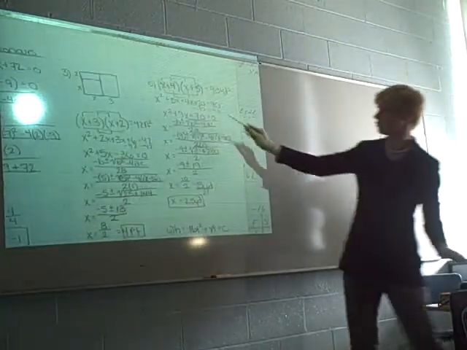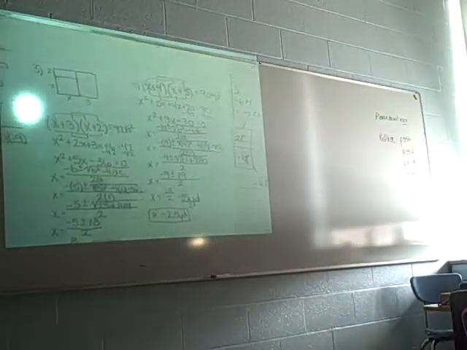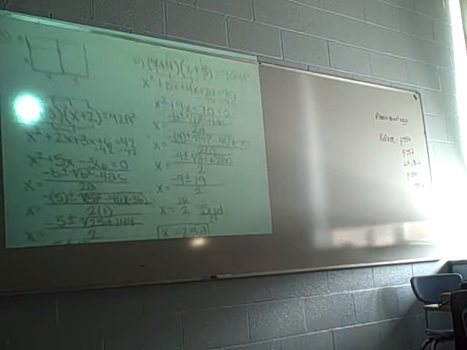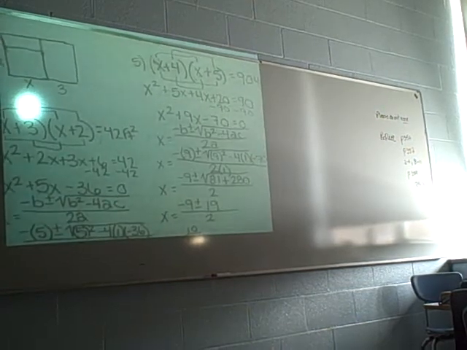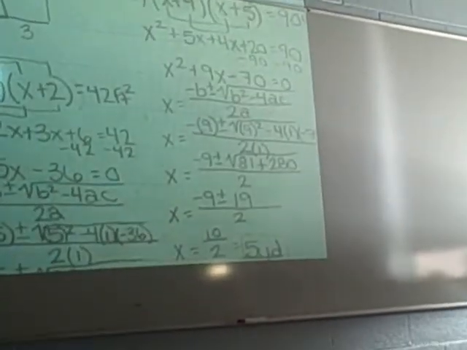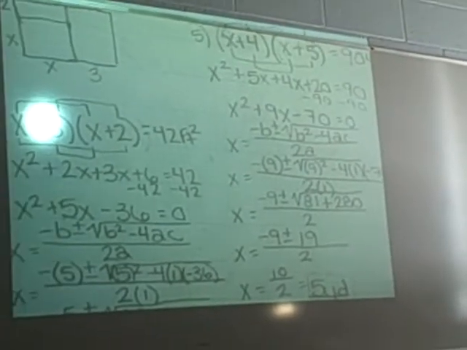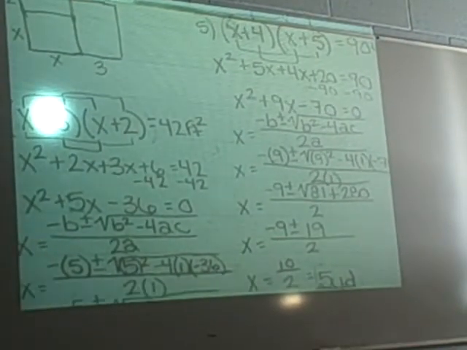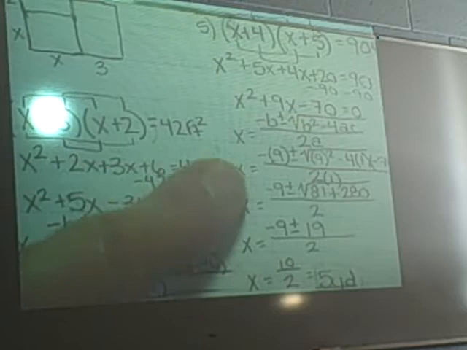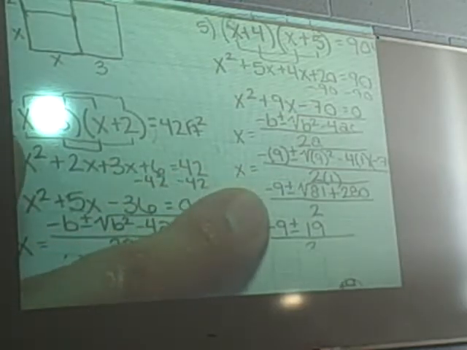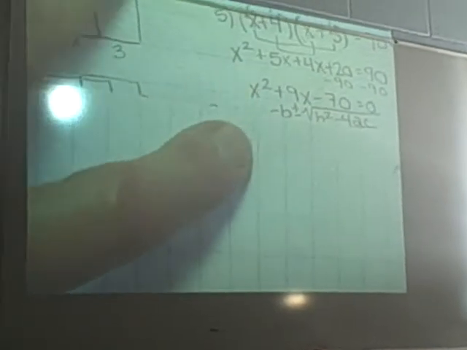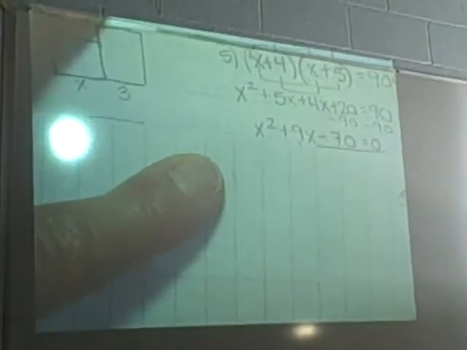Which one? Okay, thank you. All right. Okay, so Emily, did you get, where are we? Do you have this, x squared plus 9x minus 70 equals 0?